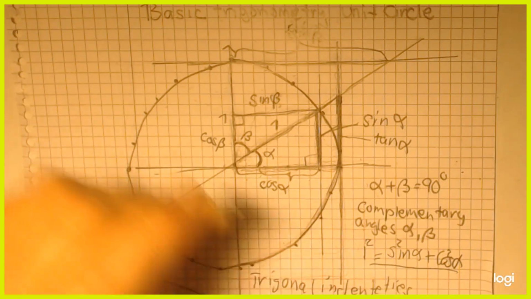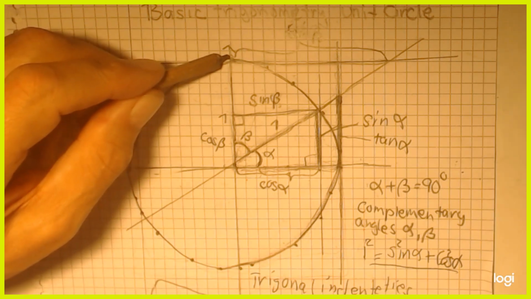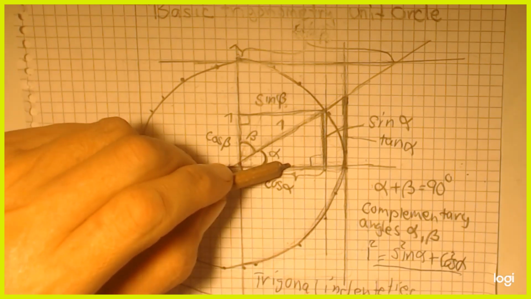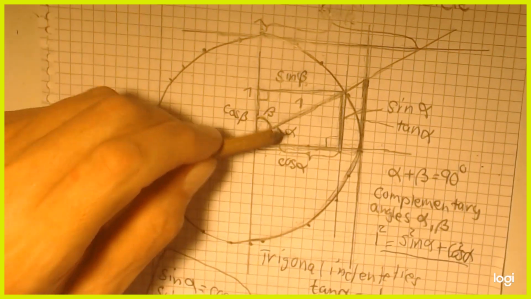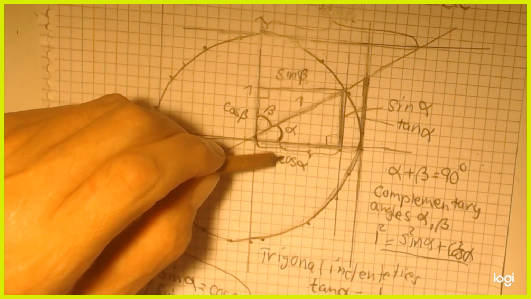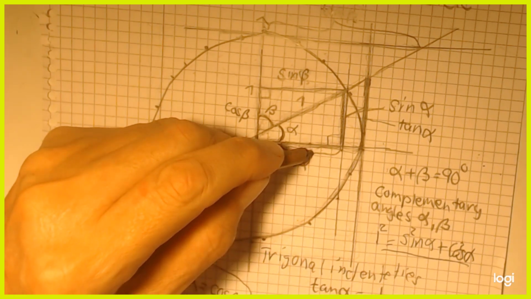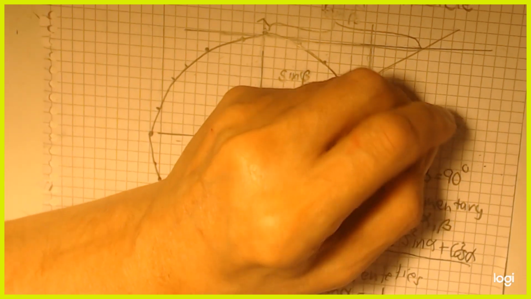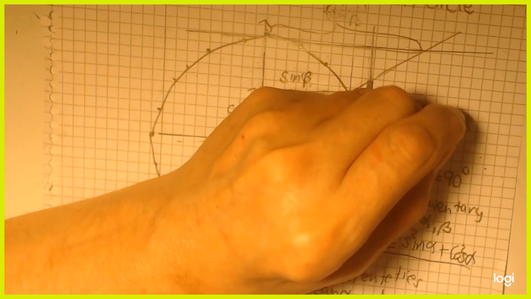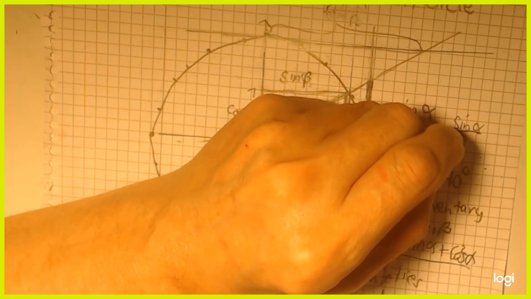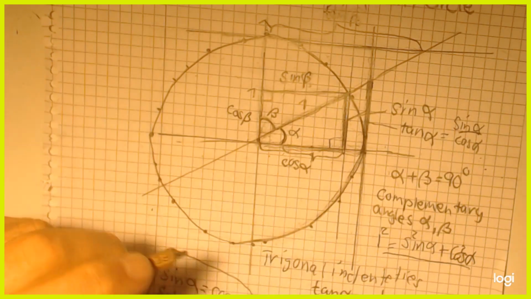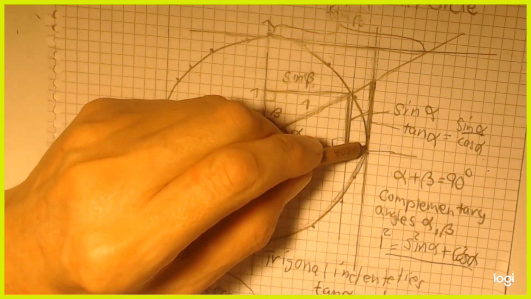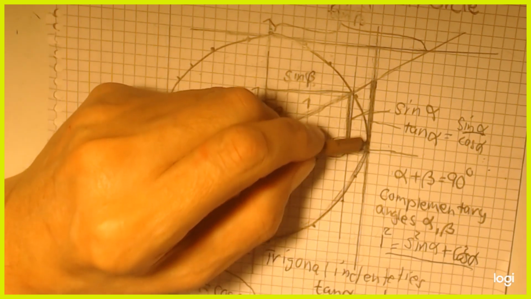If we go back to the picture here, you see that if you divide this side by cosinus alpha, you get 1 unit. And then you have to divide sinus alpha with cosinus alpha. So this side here is called tangents alpha.